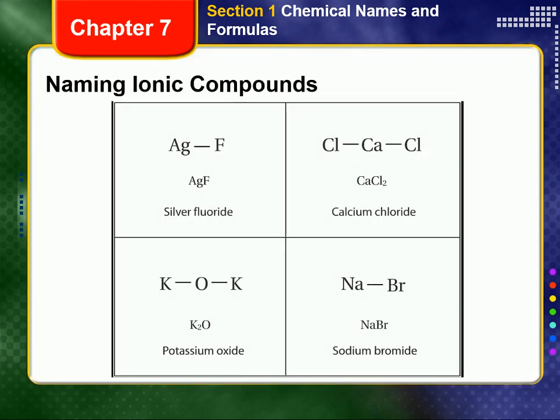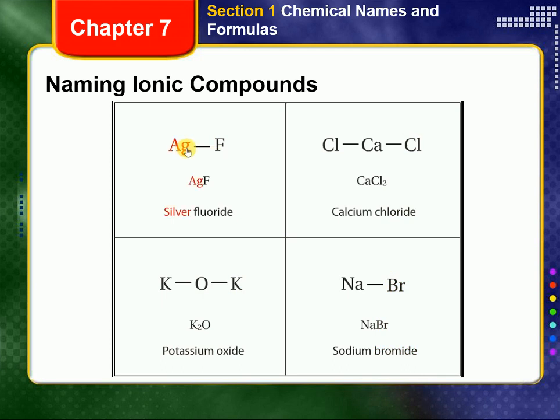So as we take that information that we now have, the positively charged ion just keeps its same regular name. In these examples it's silver, calcium, potassium, and sodium, we don't change the name. It's the negatively charged ion that we drop the last syllable and add IDE.